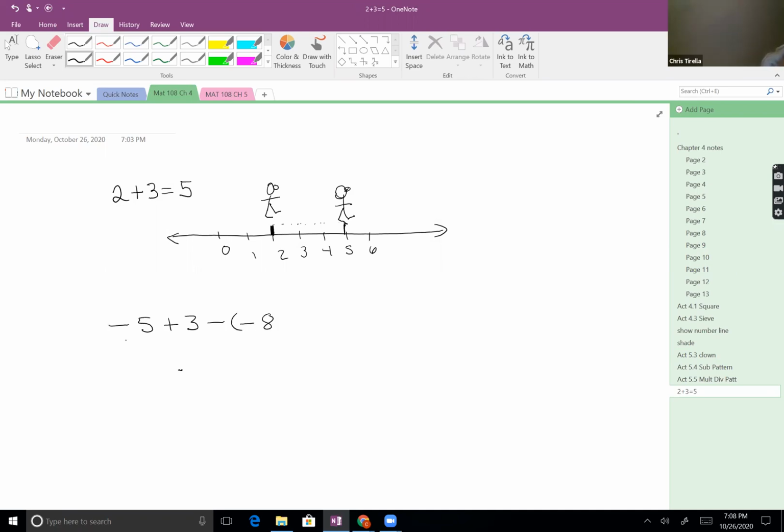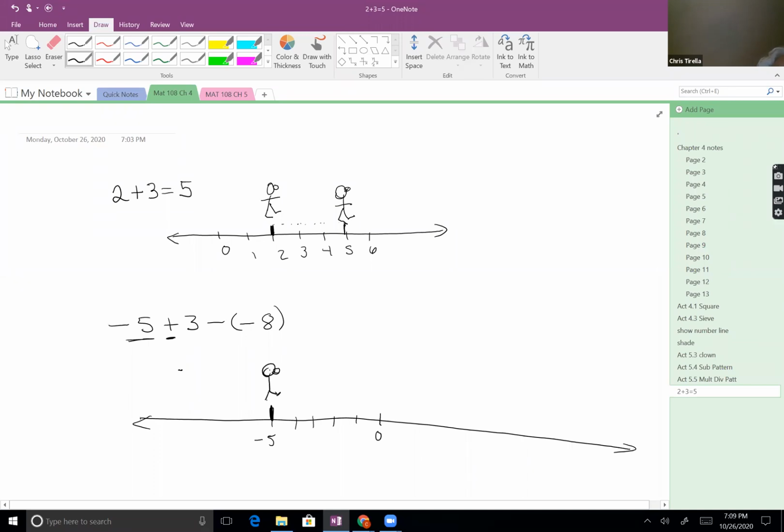He's starting on the first number. So on this number line, he's going to start at -5. And we're adding. When we add, he faces right. And it's a +3, so we'll go forward 3. 1, 2, 3. So that takes us here.